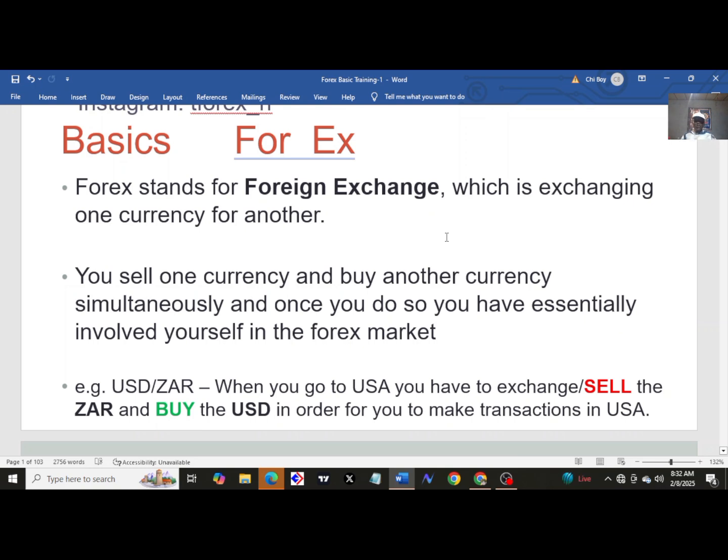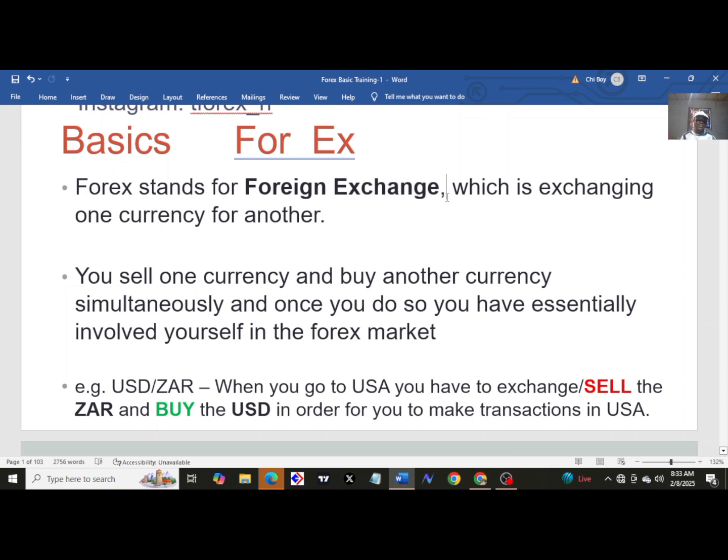We want to look at what Forex actually stands for. Forex stands for foreign exchange, like you see on your screen already, which is exchanging one currency for another. That is just the simple definition of forex. In forex, we have two abbreviated words, the FOR and the EX. FOR stands for foreign, while the EX stands for exchange.